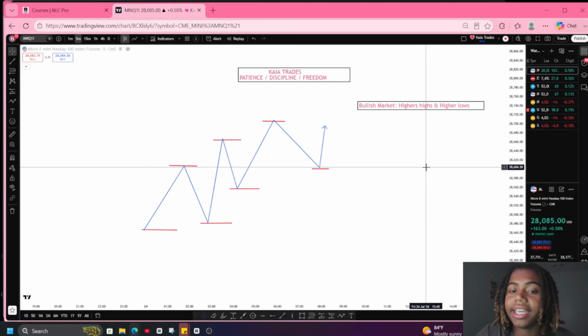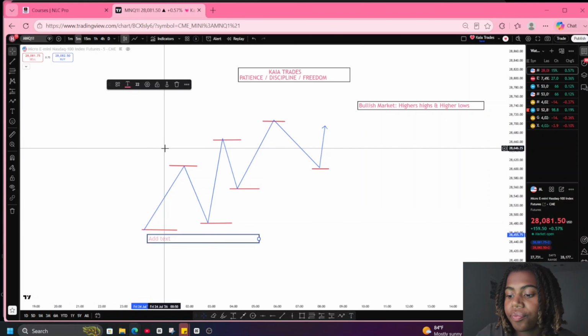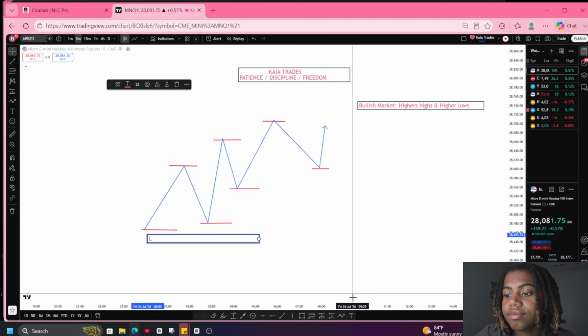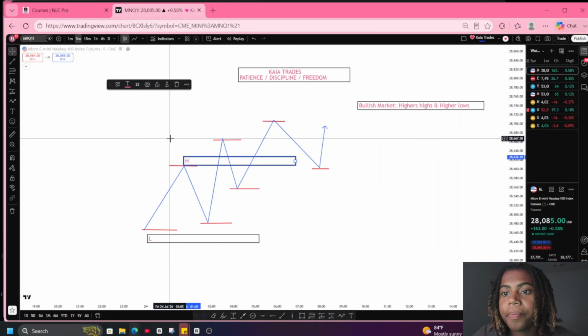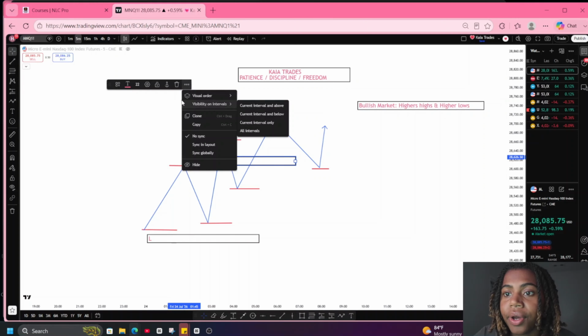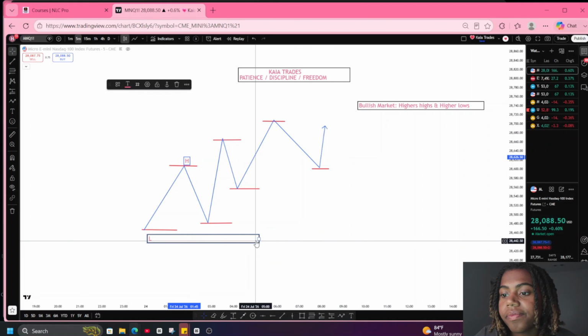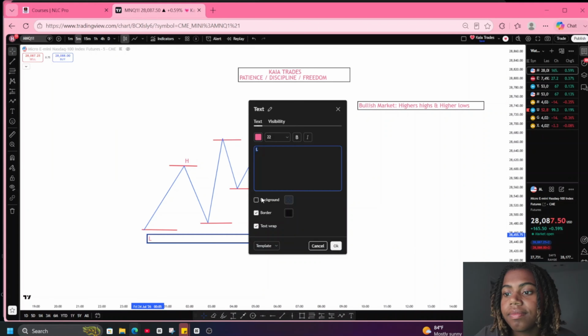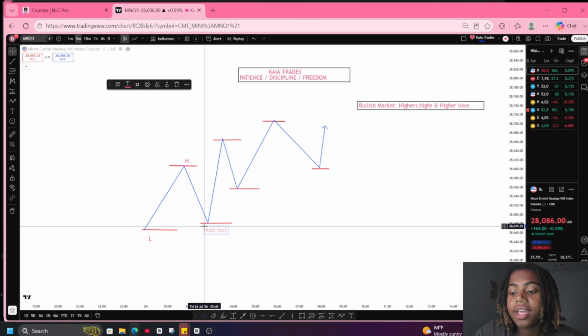Okay, what does that look like in terms of the letters? That just looks like a low, a high. Why is it wrapped? I don't know. We're going to take that off. All right, and then once we come to the next low, this low is higher than the other high.